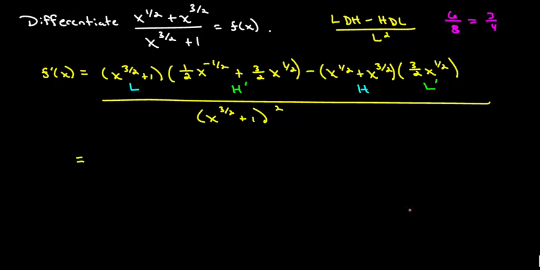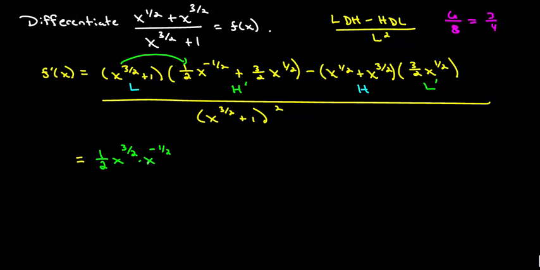We might want to go ahead and reduce this. And it's going to be, like I said, an ugly mess. So we'll take the first guy and multiply it. Take this guy and multiply it in. So here's what we're going to get. We're going to get 1/2 x to the 3/2 times x to the negative 1/2.